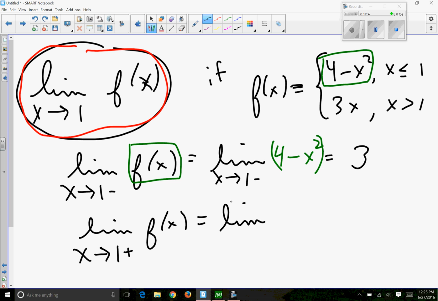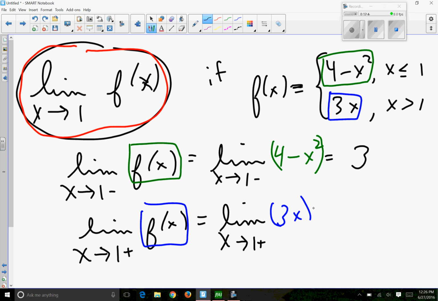And we find the limit of f of x as x approaches 1 from the right. When x is on the right side of 1, f of x is this, 3x. And we find the limit of 3x as x approaches 1 by replacing x with 1. 3 times 1 is 3.